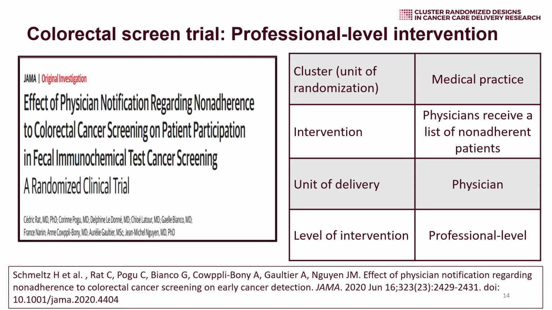So these were patients that were not accepting screen invitations. So the unit of delivery is a physician because the physicians were given this list of non-adherent patients. And so the unit or level of the intervention is a professional level. So here we have an example of a cluster trial where the cluster is a medical practice, yet the level of the intervention is the professional level.